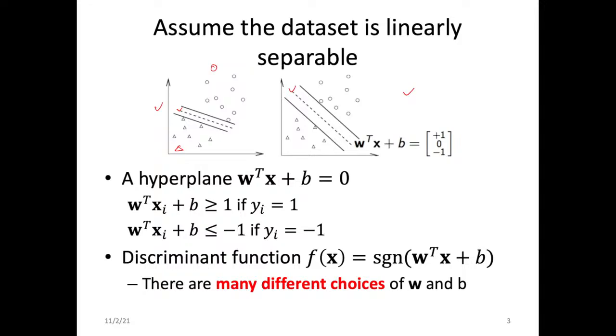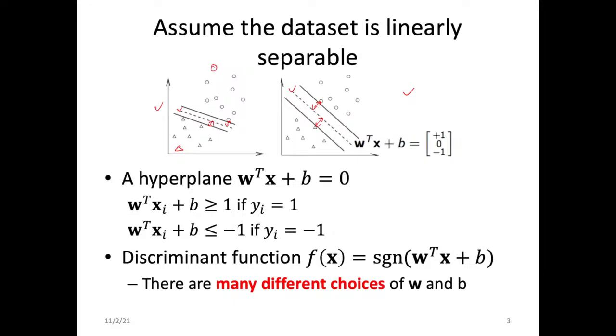We want to choose the one that has a large margin. What do I mean by margin? Margin is the distance between the classifier and the nearest instance. This distance here is called the margin.